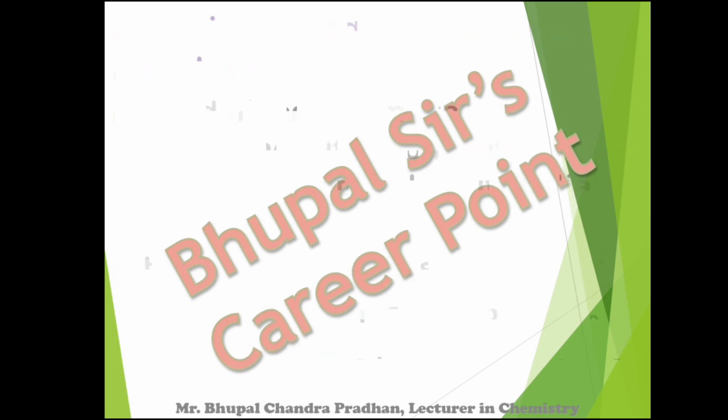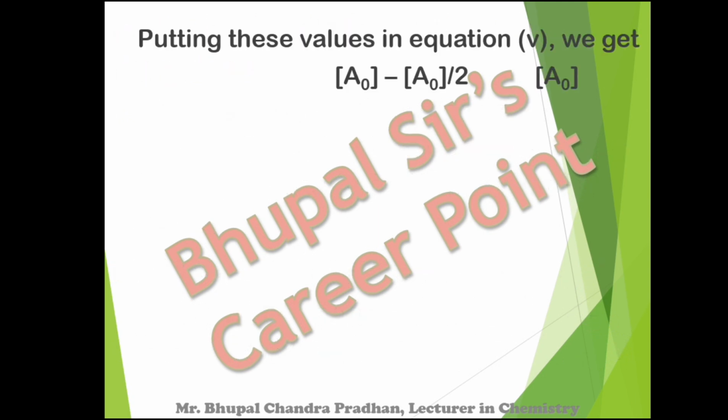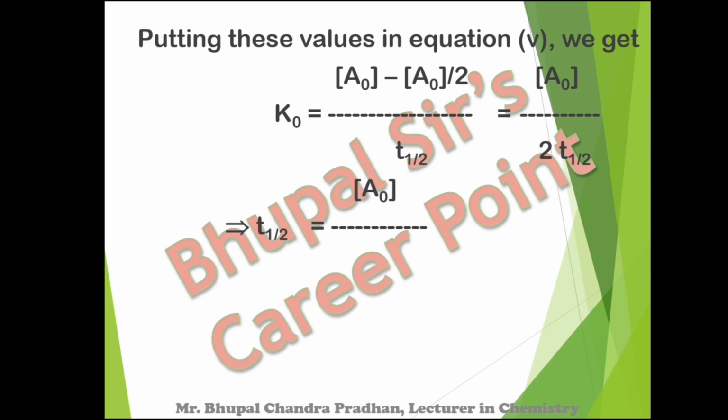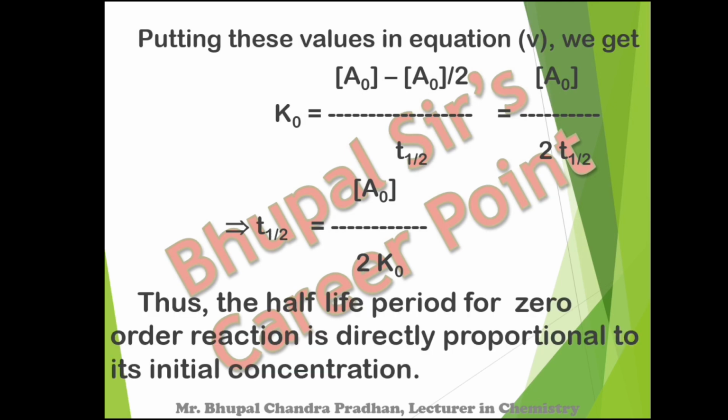Putting these values in equation 5, we get K0 is equal to A0 minus A0 by 2 by T half, that is equal to A0 by 2 T half. This implies T half is equal to A0 by twice of K0. Thus, the half life period for zero order reaction is directly proportional to the initial concentration.